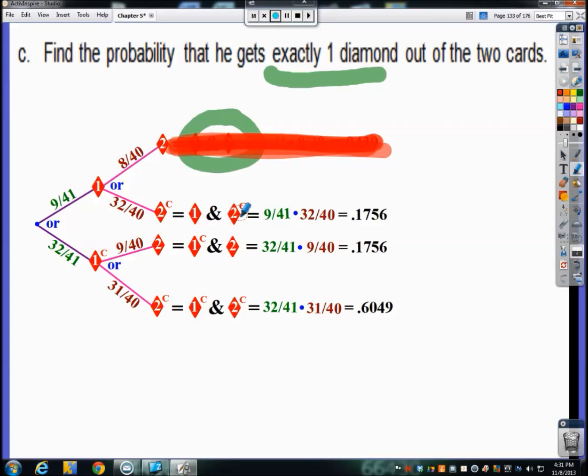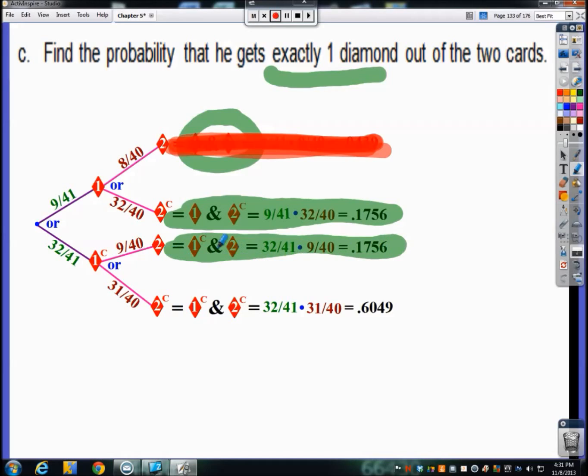Here he got a diamond and not a diamond. That is exactly one diamond, so we want to keep that. Here he got not a diamond, but then the second card was a diamond, which again is exactly one diamond. And then down here he got zero diamonds, which is not exactly one diamond, so we don't want that.